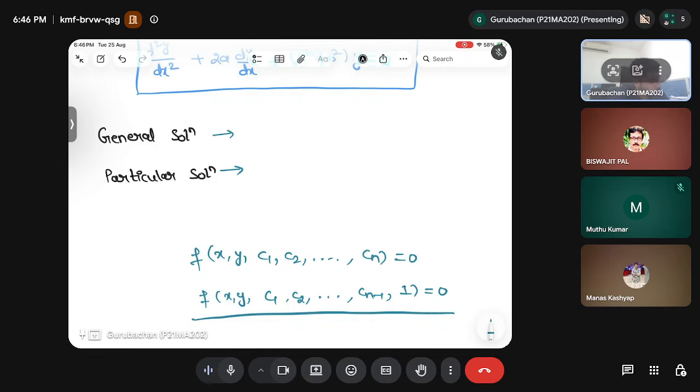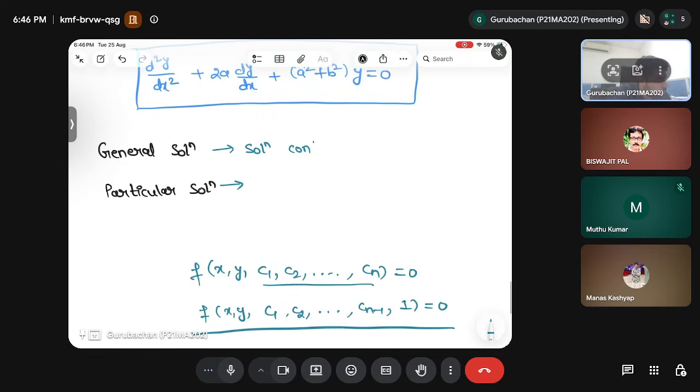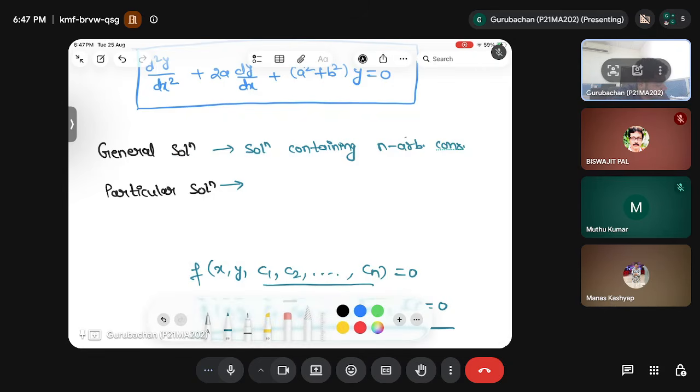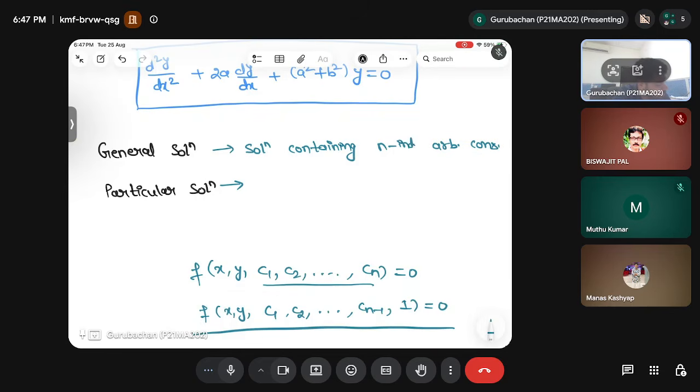We do not know the corresponding differential equation. Obviously I know. I'm saying you have an nth order differential equation and this is your solution, so you have n order constants. A solution containing n arbitrary constants, or more precisely n independent constants, which should not depend on each other.